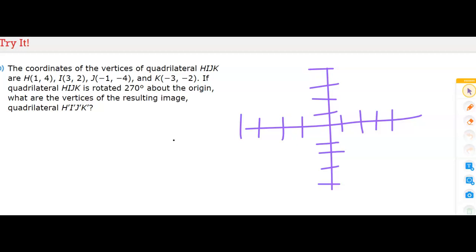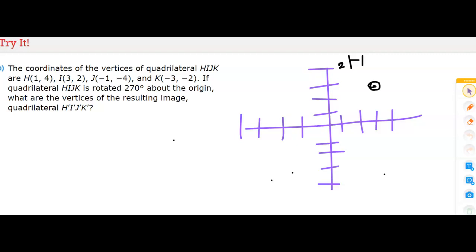H is (1, 4). That's H. And then I is (3, 2).